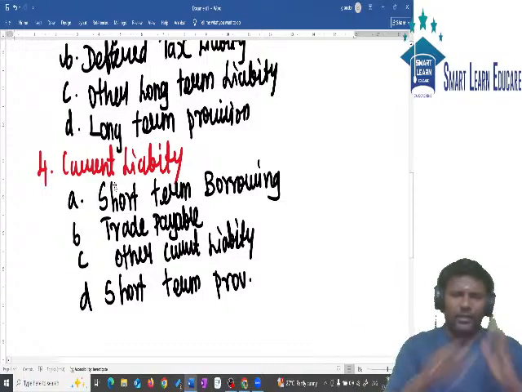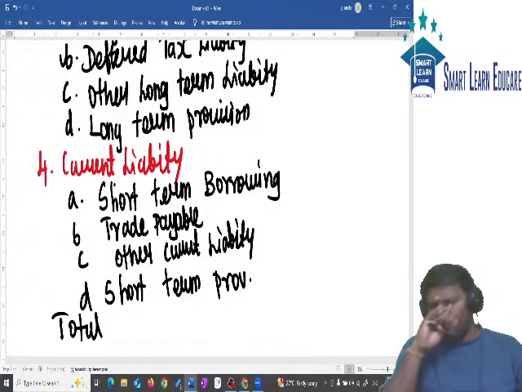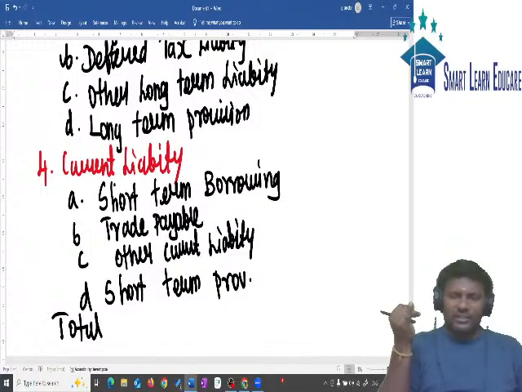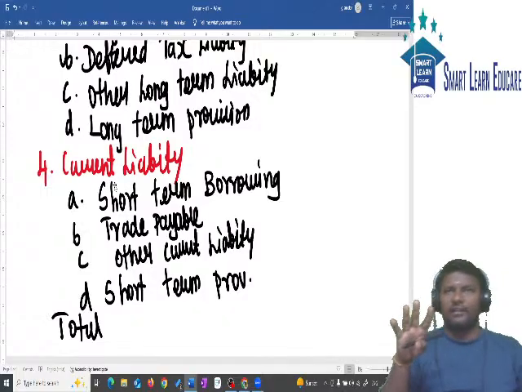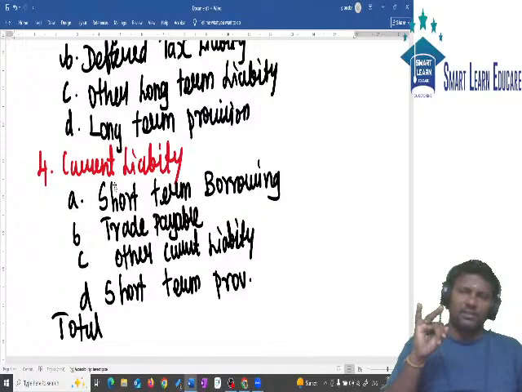Liability side is completed. So we will have the total of all liability. In liability, four major things: first, shareholders fund, then share application money pending allotment, non-current liability, current liability. In shareholders fund, we have three things: share capital, reserves and surplus, money received against share warrant.